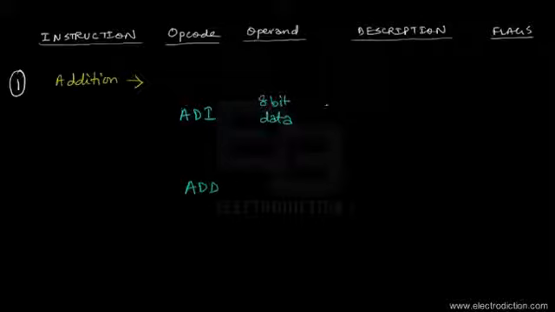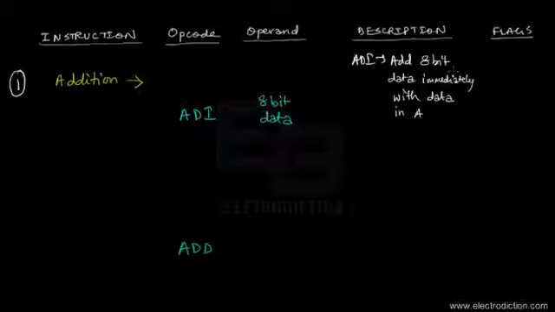Now, ADI stands for add an 8-bit data immediately with the data present in register A, or the accumulator.